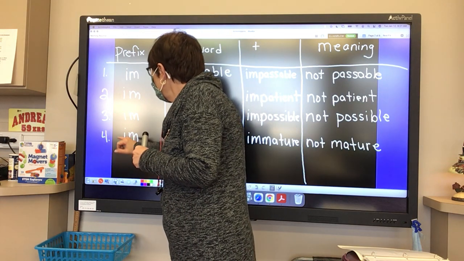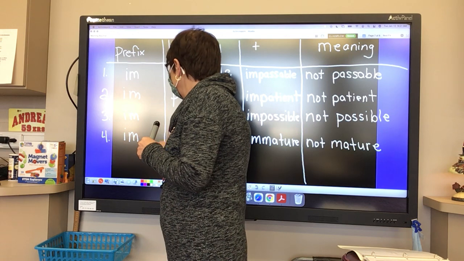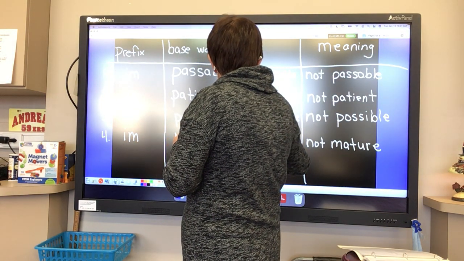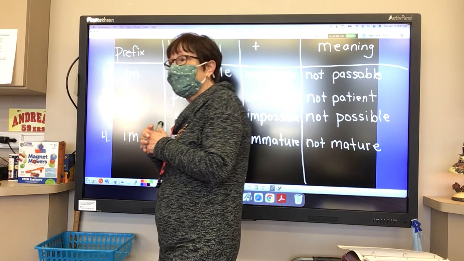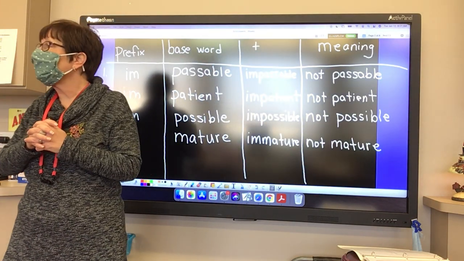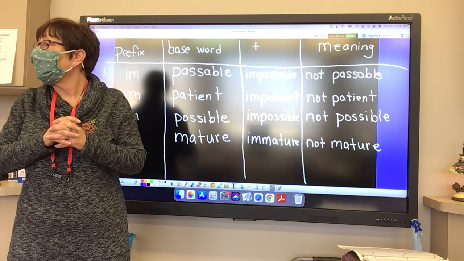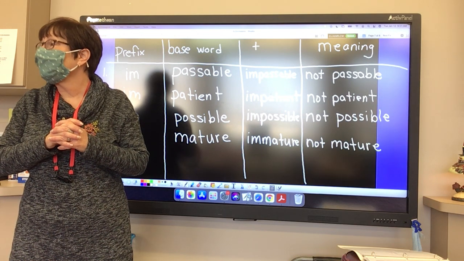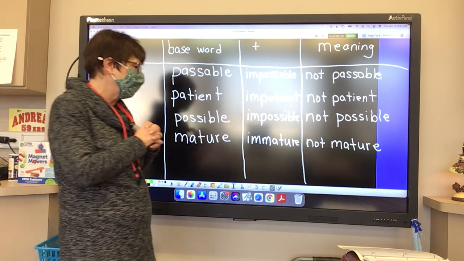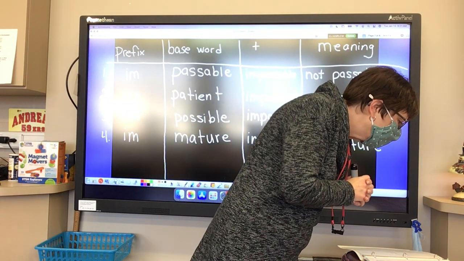We add the prefix plus the base word, so in this case it results in a double M. I-M-M-A-T-U-R-E. So don't be confused by that. There aren't any special rules regarding the prefix. I think you're thinking about how sometimes things change when we're adding a suffix. But nothing changes with a prefix. Okay?